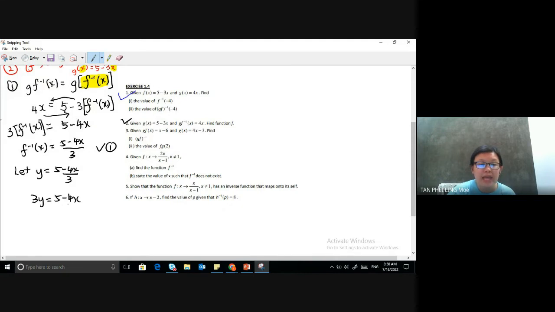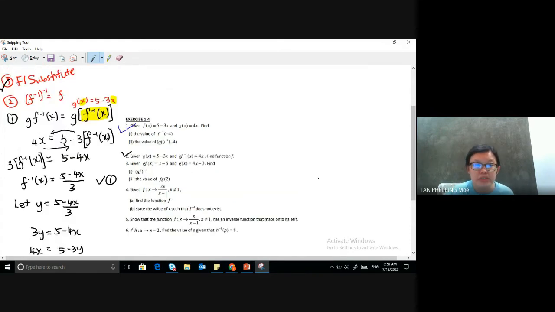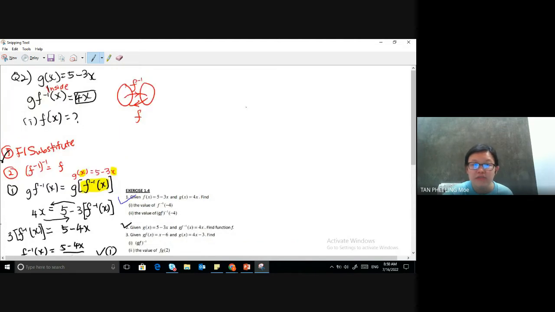I'm going to end with x. Remember that. I'm going to put my x positive to easily deal with things, so that I have 5 minus 3y. So my x is 5 minus 3y over 4. This will be my inverse. So the inverse of f inverse, as I mentioned here, will be the function f.